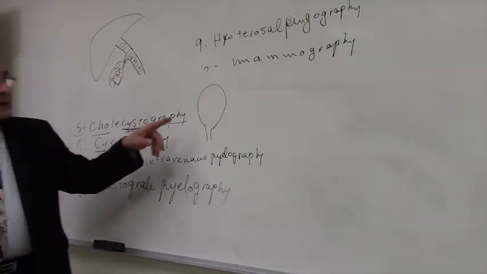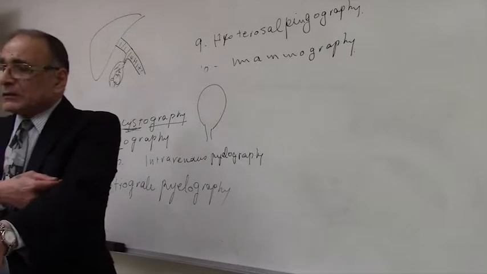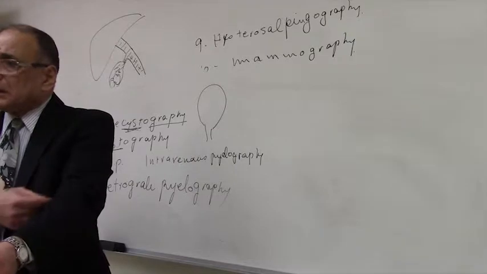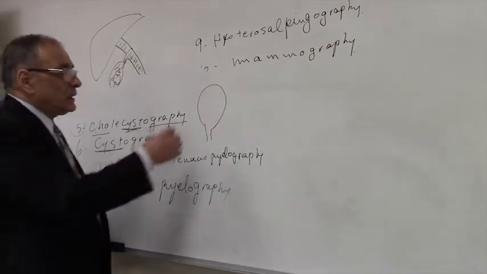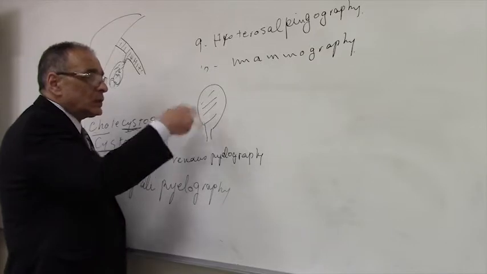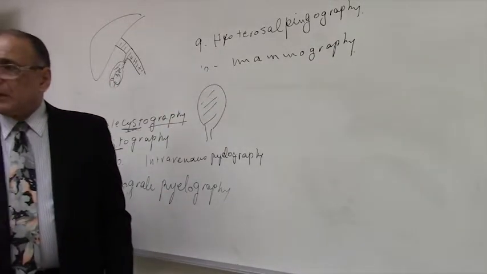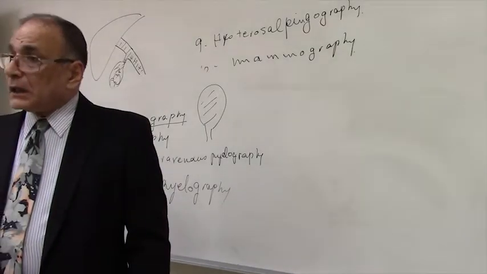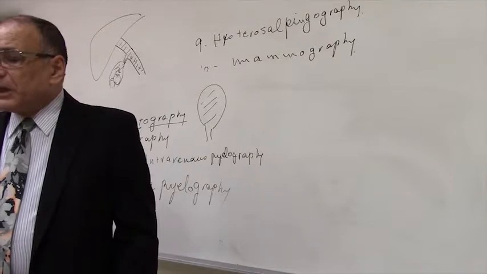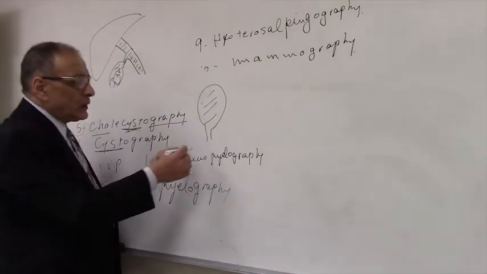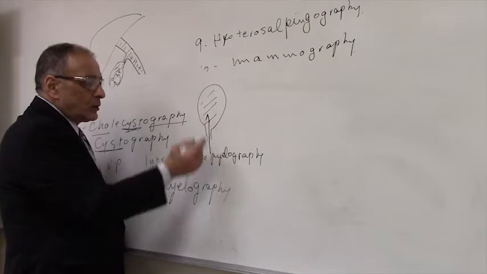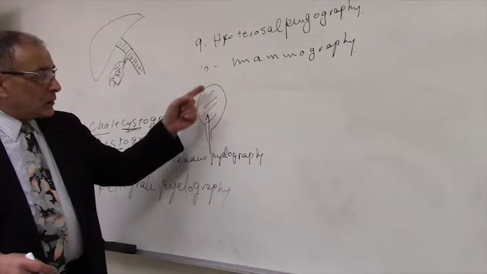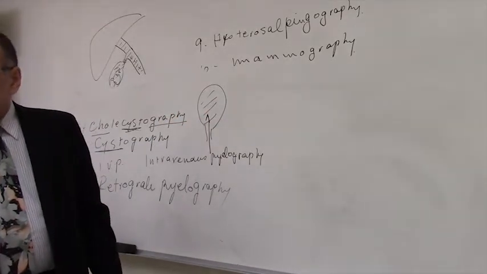The first way is to inject the contrast medium, the iodine compound, intravenously, and when it circulates with the blood and reaches the urinary bladder, you take X-ray of the urinary bladder. Is that clear? But the other way, you can push the contrast medium through the urethra inside the bladder, and you take the shot also.